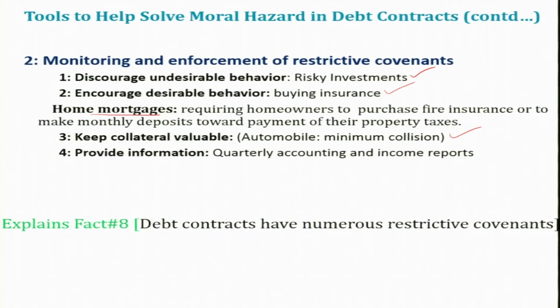For example, in the case of an automobile loan, a vehicle loan, you will often be required as the car owner to maintain a minimum amount of collision and theft insurance, and the sale of the car is prevented unless the loan is paid off. That means once you have taken a vehicle loan, you cannot simply sell the car to another person.